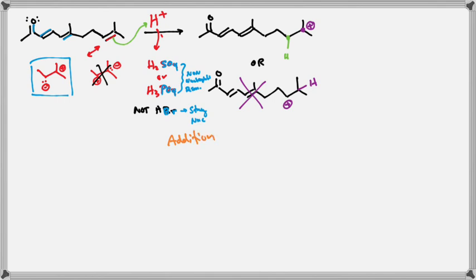So that's an addition mechanistic step. Okay, what kind of addition was it? Well, what was the thing that caused the pi bond to break? It was positively charged. Positively charged things we call electrophiles. Okay? Kind of makes sense?